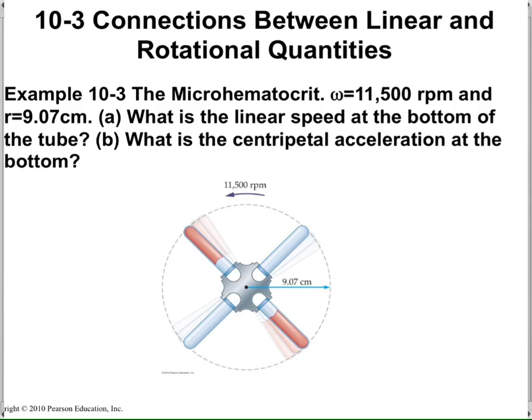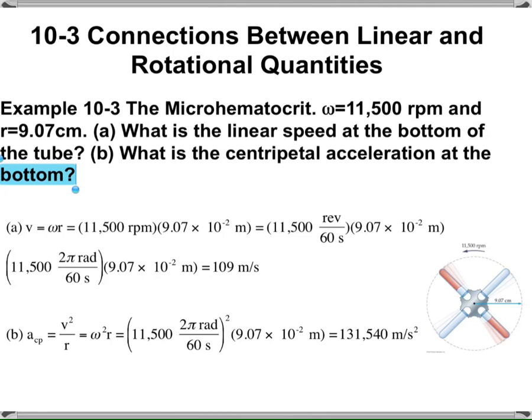So what is the centripetal acceleration at the bottom, and what is the linear speed at the bottom of the tube? You can easily use the relation between the linear quantities. First find the linear speed at the bottom: you multiply omega by r.